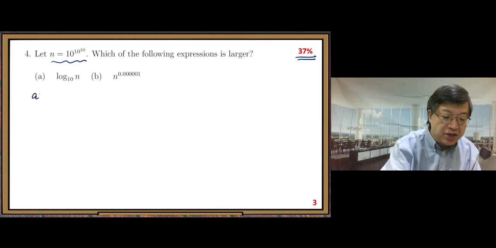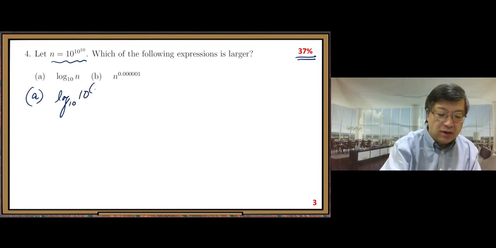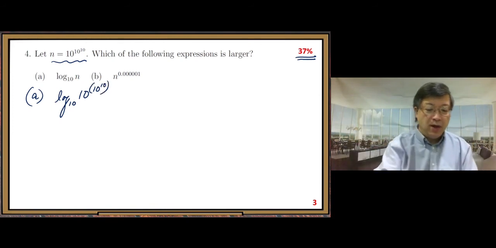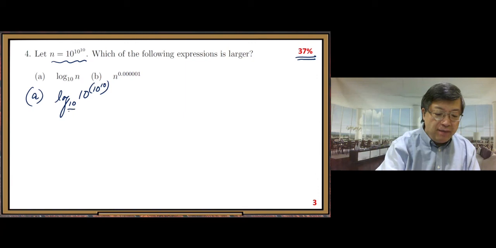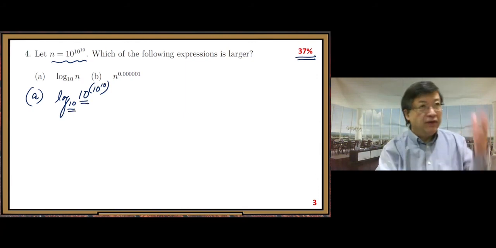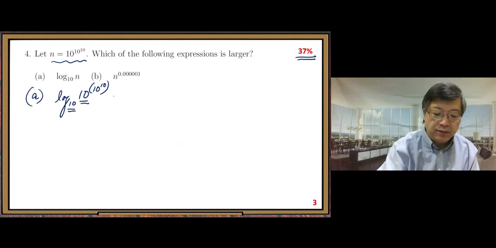Expression A, that's easy. Okay? Because log base 10 to some special number, right? The whole thing we treat as one number. Same base, log base, then this exponent, equals 10 to the 10th.